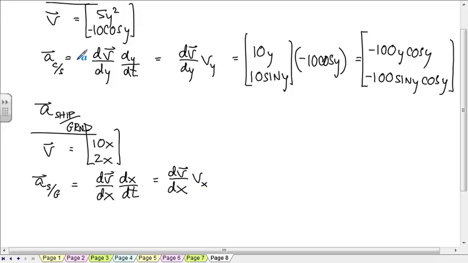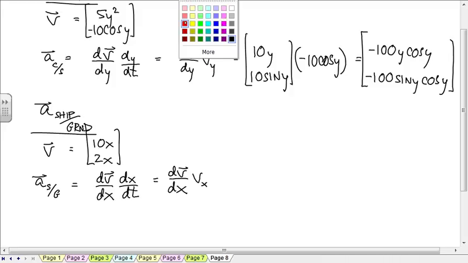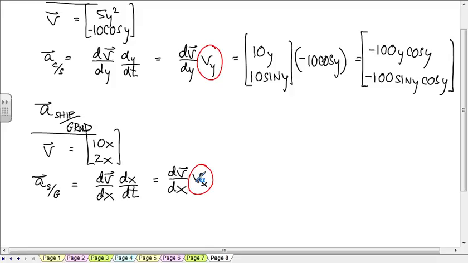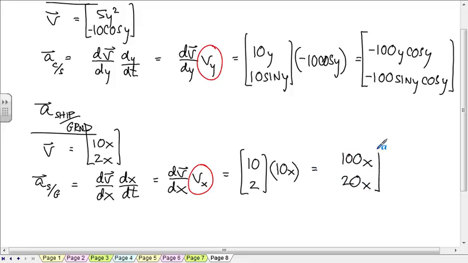Notice that because of the variables that each of these depended on, we ended up with a different component of the velocity that we're multiplying by in the chain rule. That's an important thing to follow. And so dv/dx is 10, 2, and the x component of v is 10x. So you get 100x, 20x.